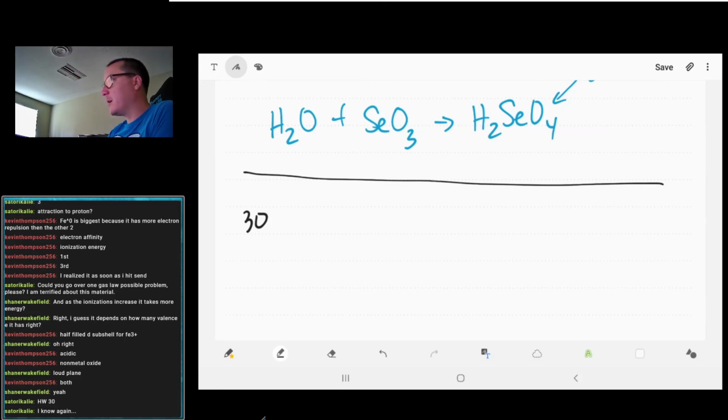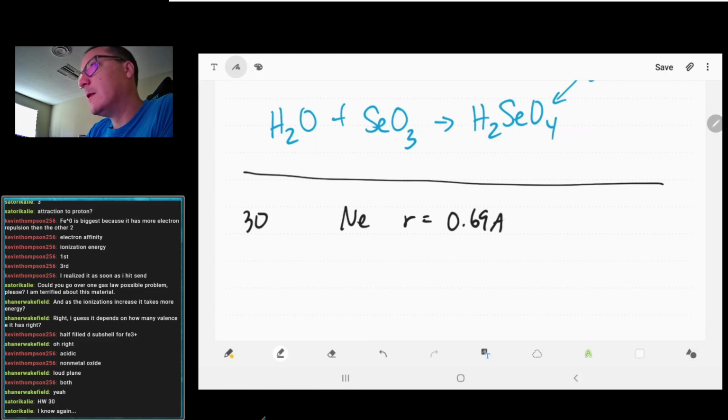That's okay, we can do it. It says that neon has a radius of 0.69 angstroms. What fraction of space do neon atoms occupy?